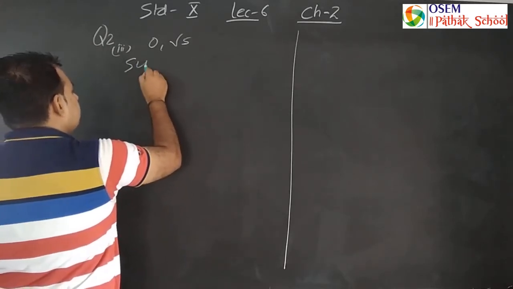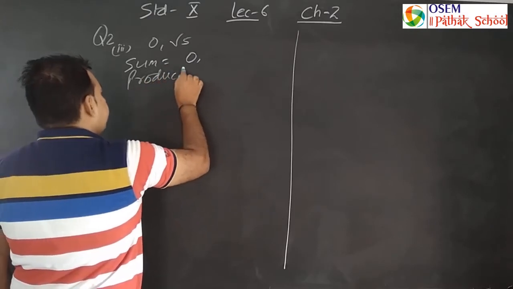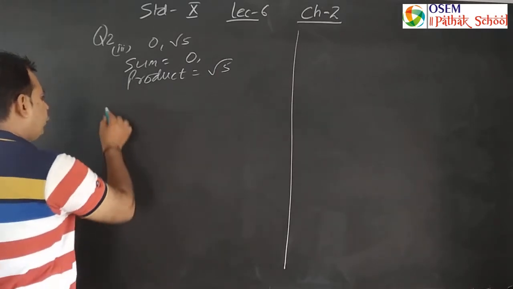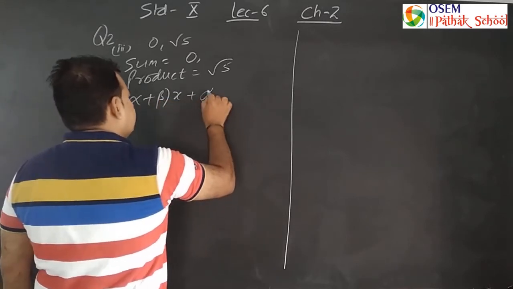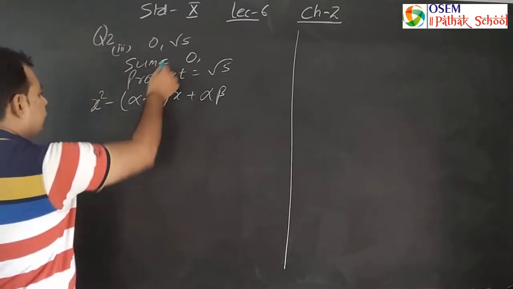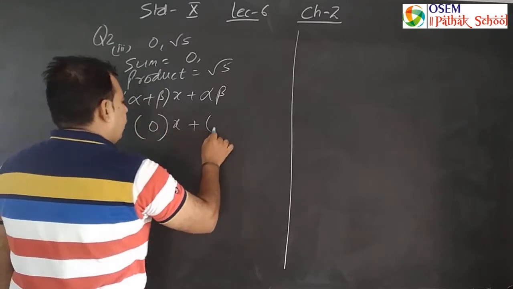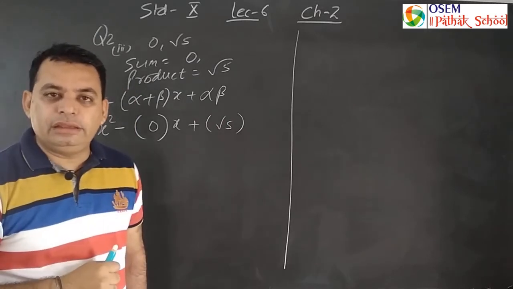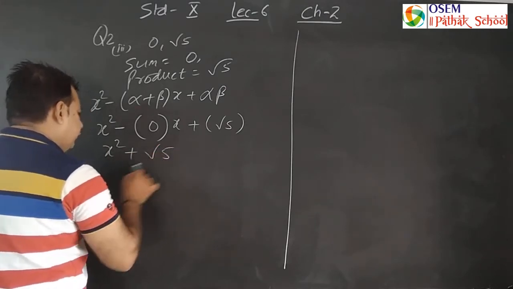So the sum is 0 and the product is root 5. Now I am forming the quadratic polynomial: x square minus sum x plus product. x square minus 0x plus root 5. Anything multiplied with 0 will obviously be 0. So x square plus root 5.